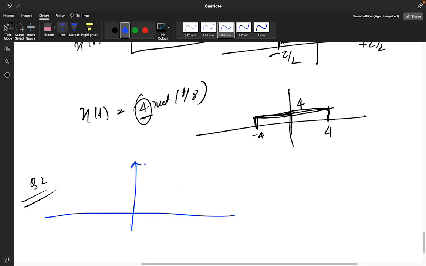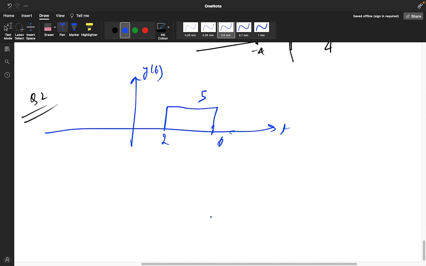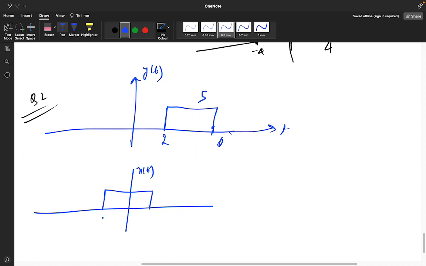This is your y of t, from 2 to 6, with value 5. And suppose you have x of t, from -2 to 2, duration is 4.